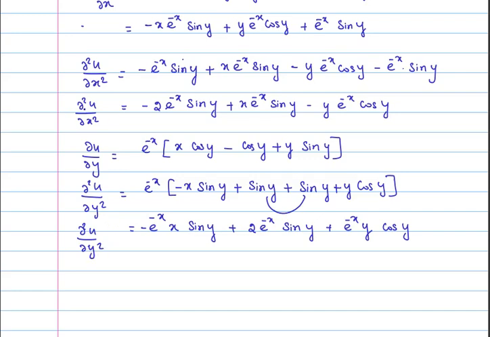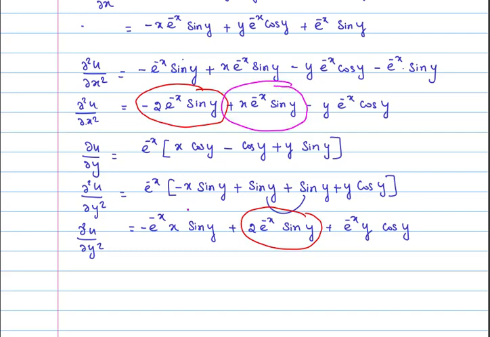We already evaluated d square u by dx square. Look, this term is negative and this term is positive, so if you add them together, you will get 0. Next, this term is positive, but here the same term is negative, so if you add together, it becomes 0.